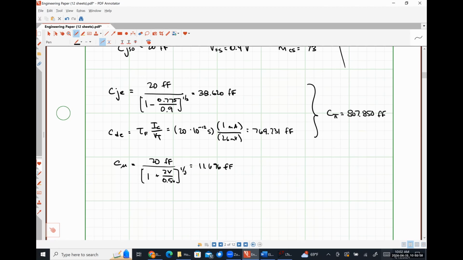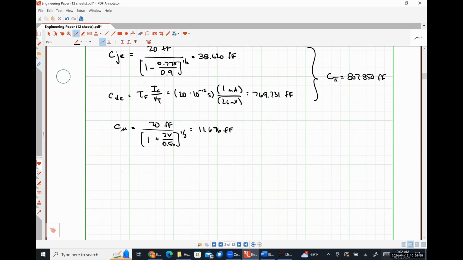Right. So typically speaking, we use a plus sign for reverse bias voltages, and we would use a minus sign for forward bias voltages with the understanding that we're expecting the capacitance to get smaller under reverse bias and larger under forward bias. So yes, absolutely correct. And lastly, CCS is 20 femtofarads over 1 plus, we'll sort this out in a second.